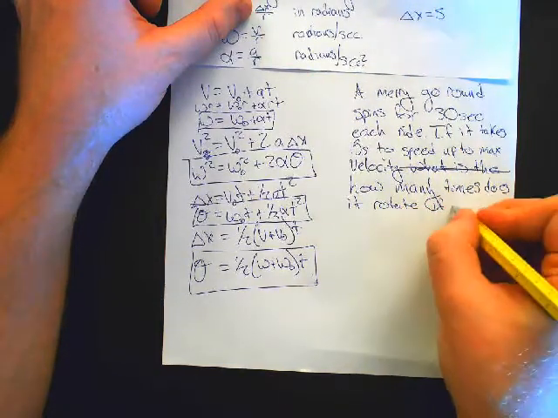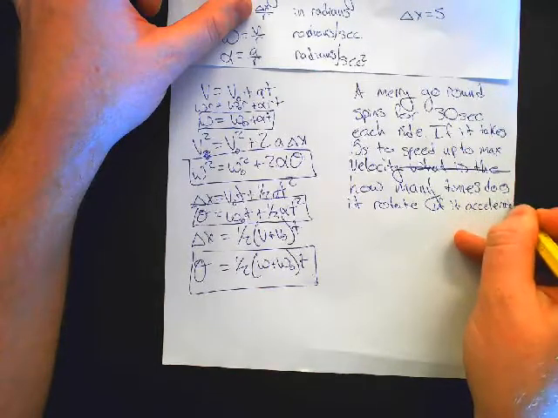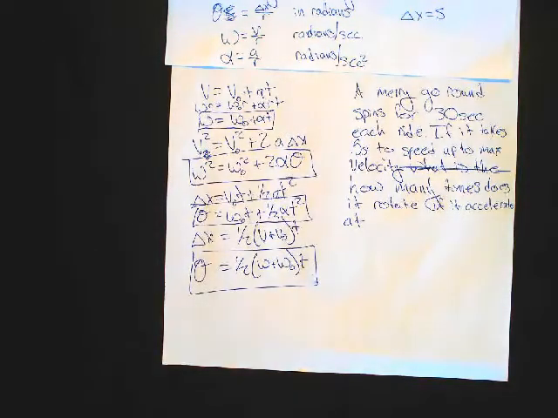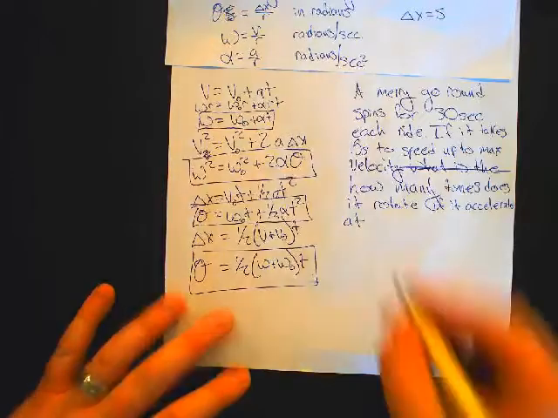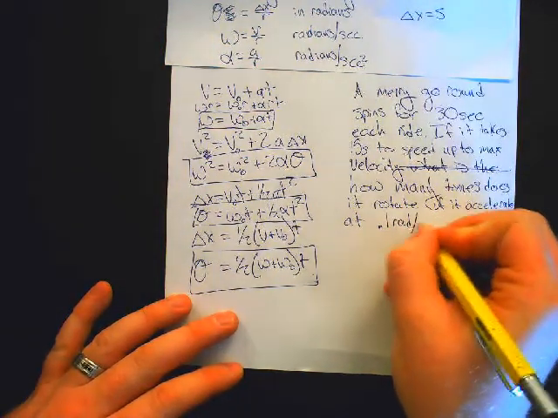If it accelerates at, and now I need to pick some kind of reasonable value here, I'm going to go with 0.1 radians per second squared.